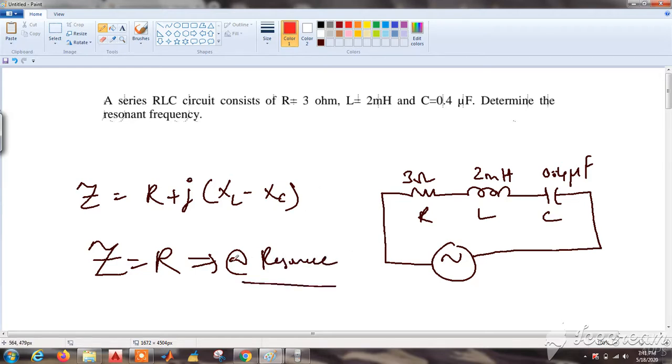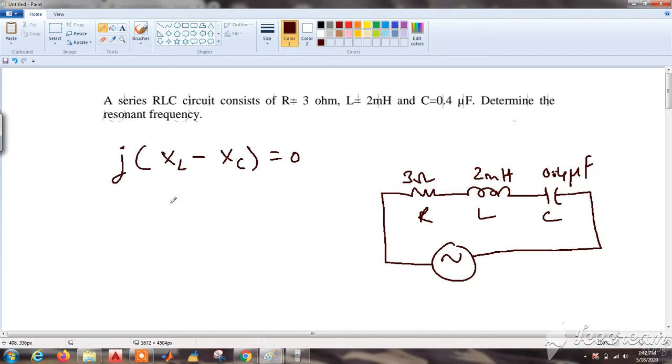So as the circuit becomes resistive, we can say that this part, j(XL minus XC), will be equal to 0. So if we send one to the left hand side, XL is equal to XC.